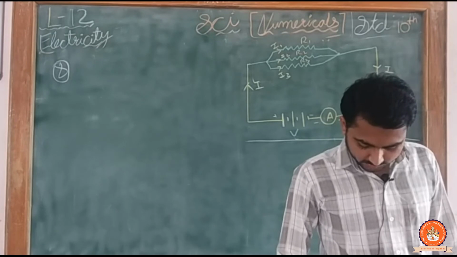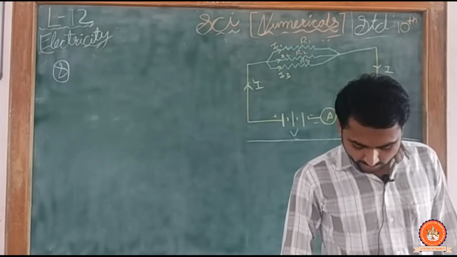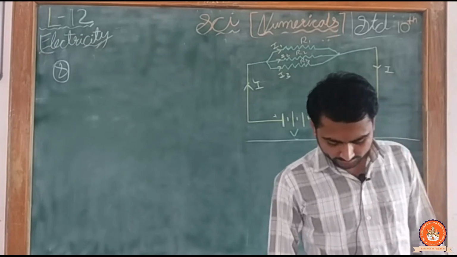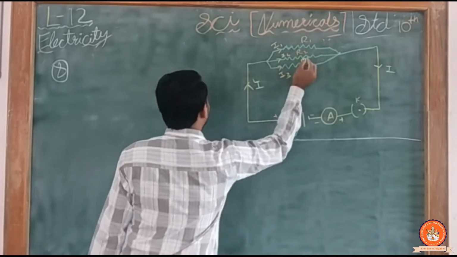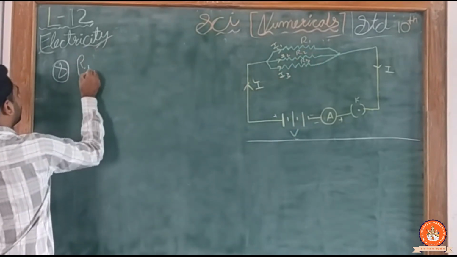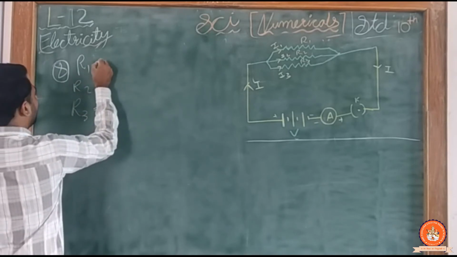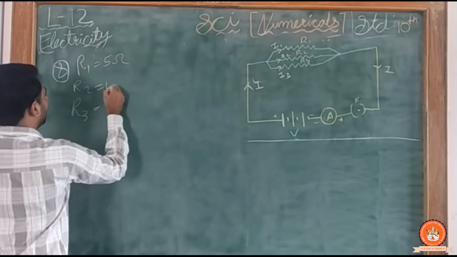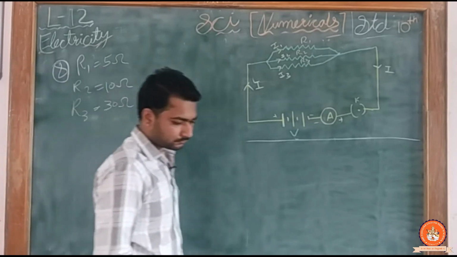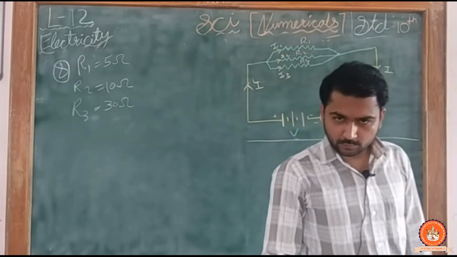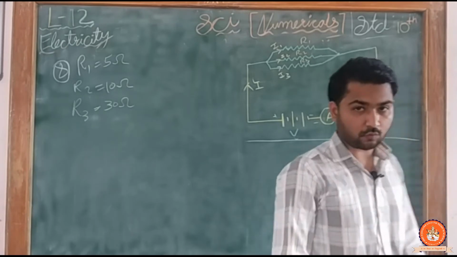Suppose the resistors R1, R2 and R3 have the values of 5 ohm, 10 ohm and 30 ohm respectively, which have been connected to a battery of 12 volt.